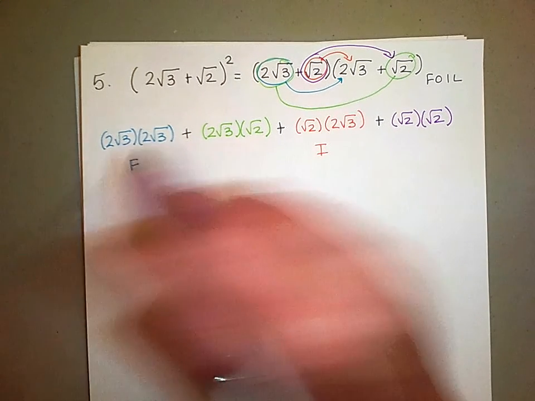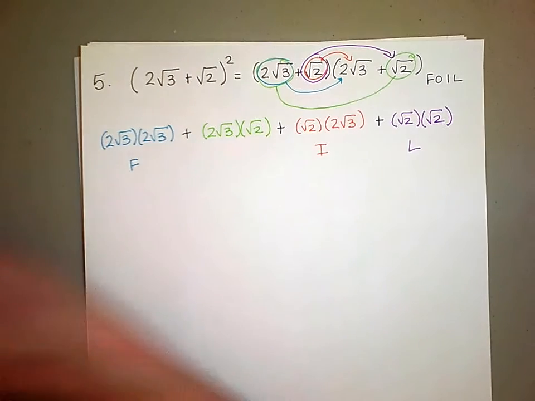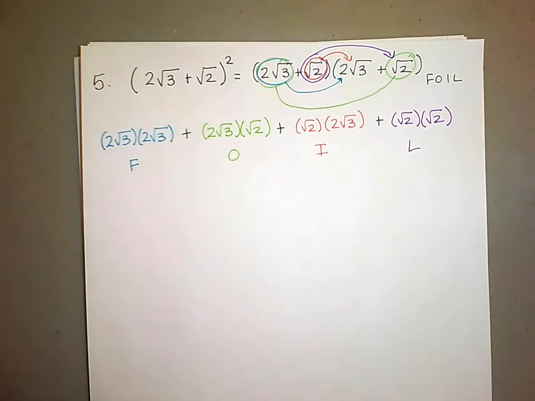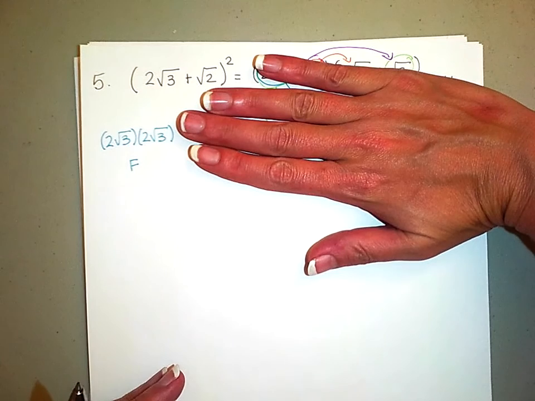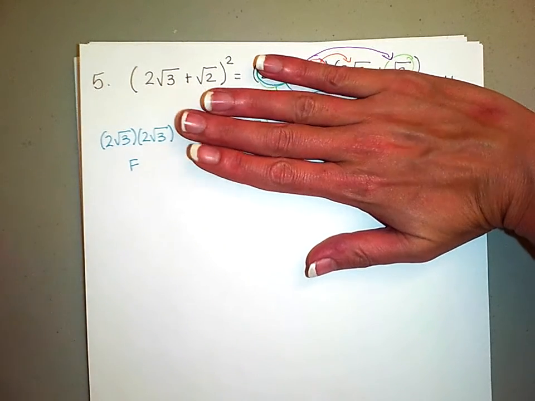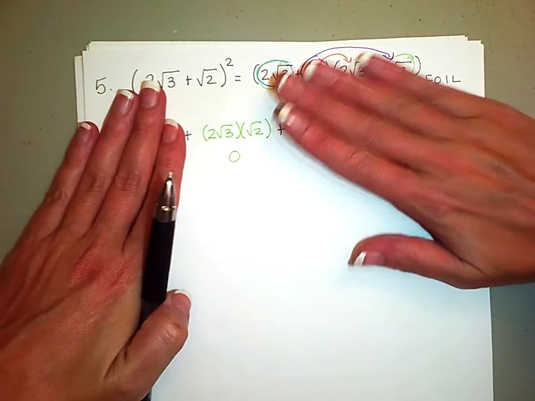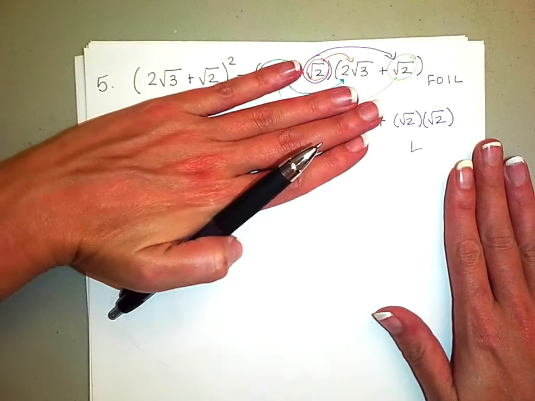And these are our last. And this is the outer. Okay. Alright. So, now again, we have 4 terms. We only have to work with one term at a time. First, we'll work with this one. Then we'll work with this one. Then this one. And then this one.